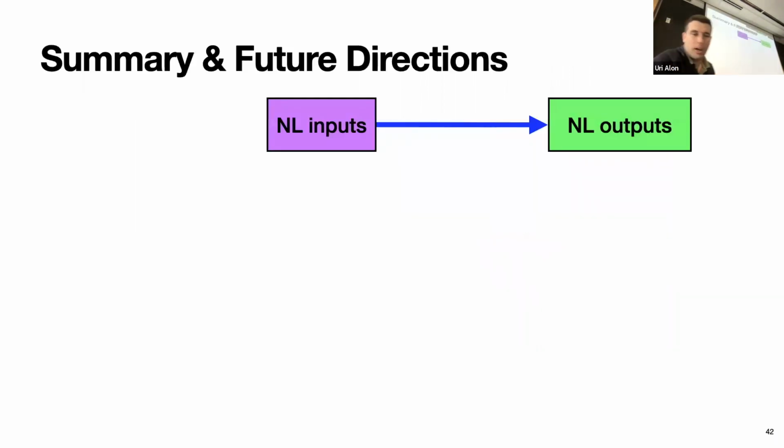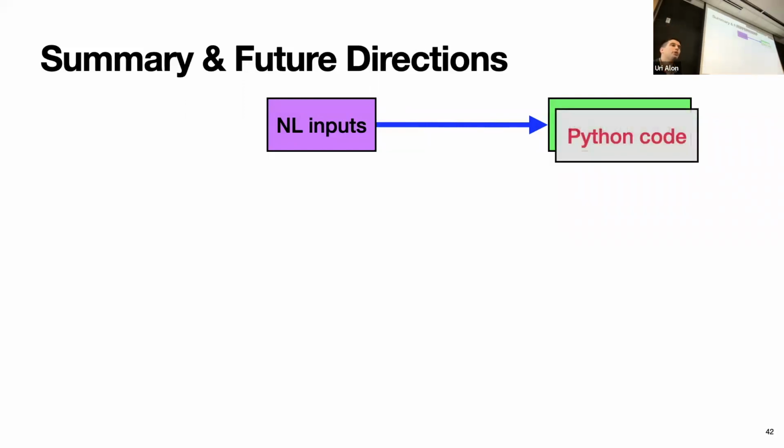So to summarize, and I hope we have a few minutes for questions. In the first part of the talk, I showed how given natural language inputs and structured natural language outputs, we can convert the output into pseudo-Python code and ask a language model of code to generate this Python code.